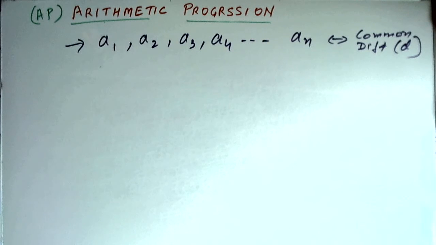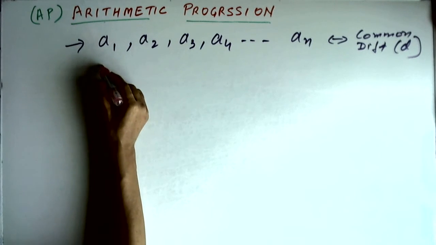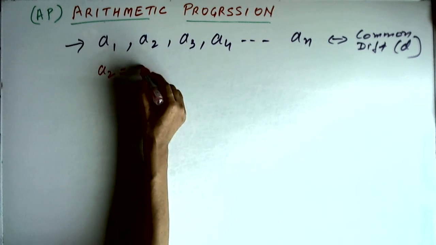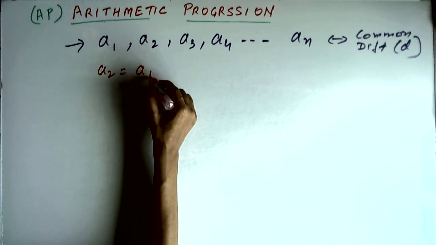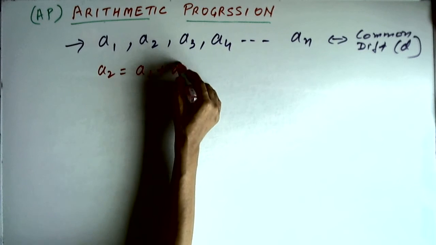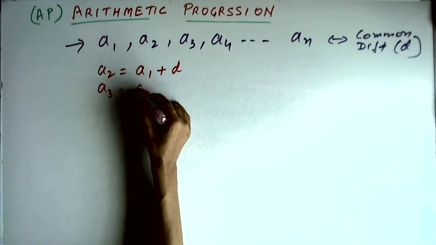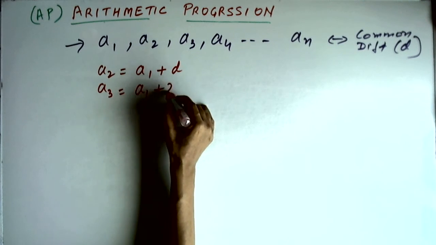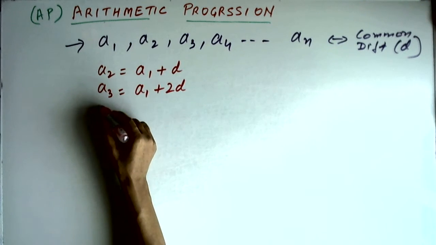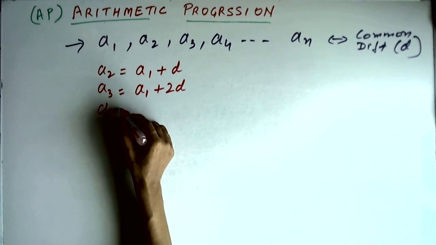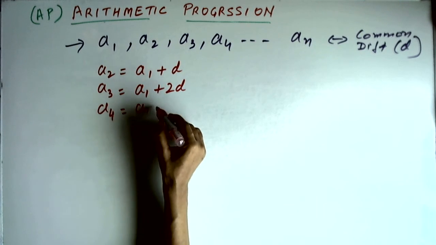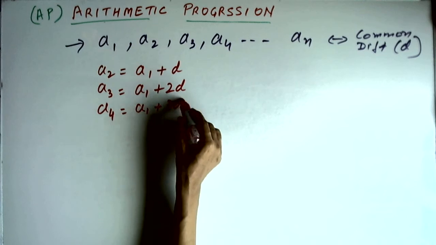And we have also seen that we can write A2 equal to A1 plus D, A3 equal to A1 plus 2D, and A4 equal to A1 plus 3D.